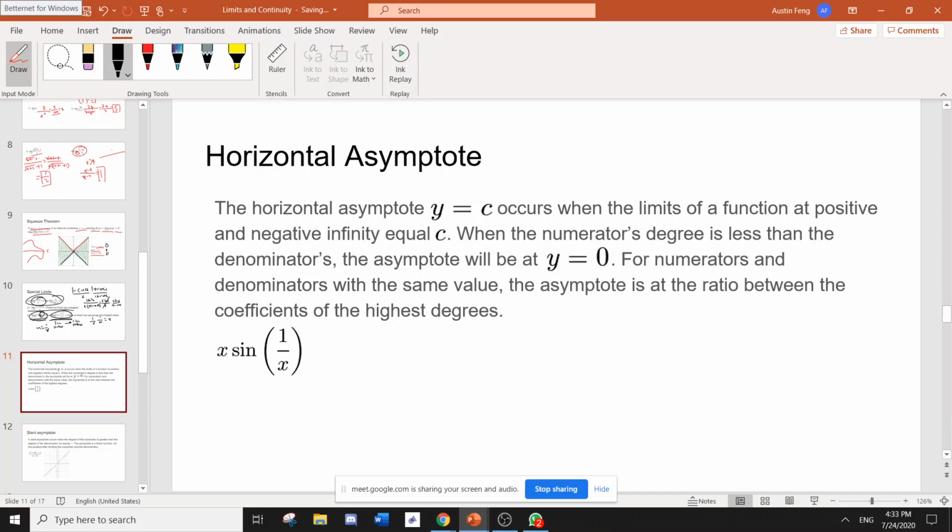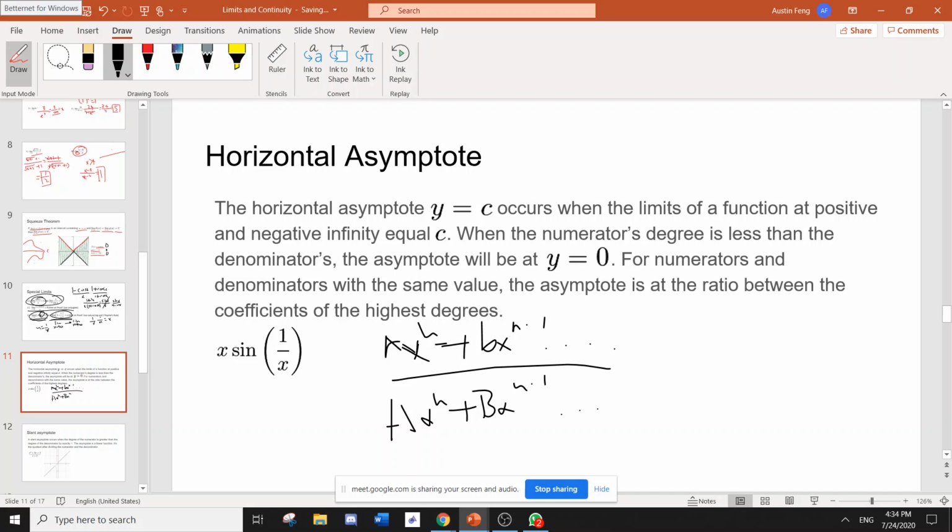So let's prove this. Let's say we have a x to the n plus b x to the n minus 1 and so on, over a x to the n plus 1 plus b x to the n and so on. We see that this term is the dominant term.